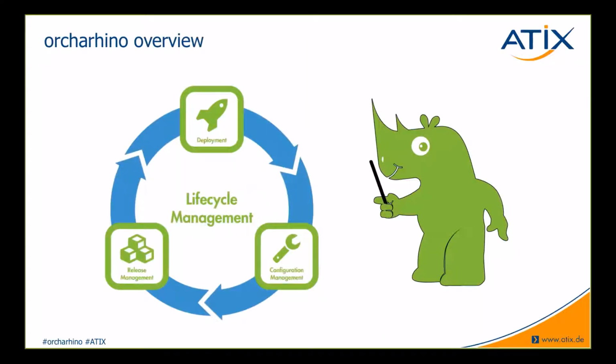Orcharhino itself has the goal to automate the management of your servers. In most cases it's virtual machines, but you can also manage bare metal machines. This starts with the deployment of a new machine.